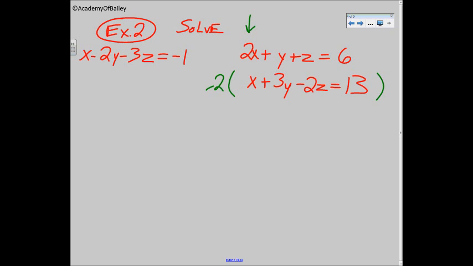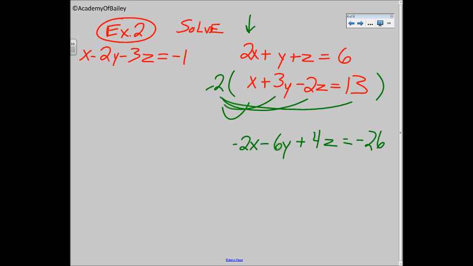So in doing so, we're going to get negative 2x, negative 6y, positive 4z, and we double 13 to get negative 26.